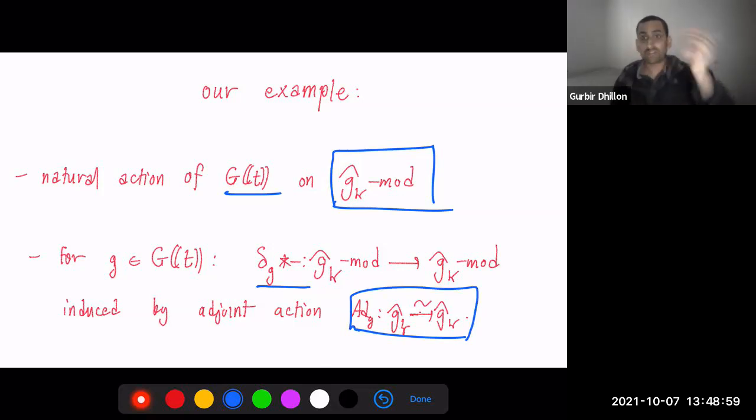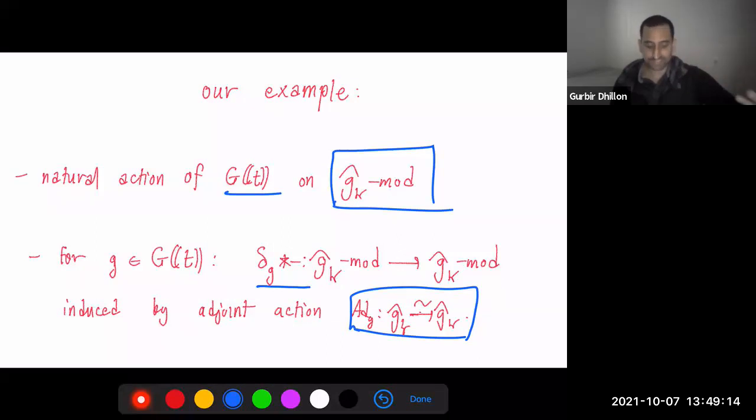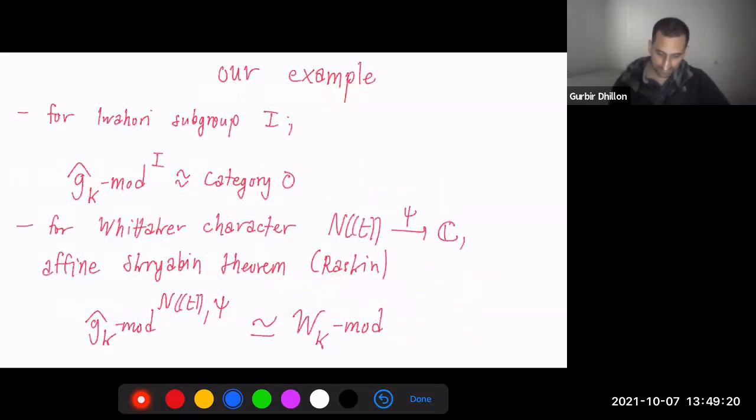So you can move around representations by changing the action by this automorphism. This is the kind of thing where you switch highest weight representations to lowest weight representations. The claim is that this action extends to one of these categorical actions in the previous sense.